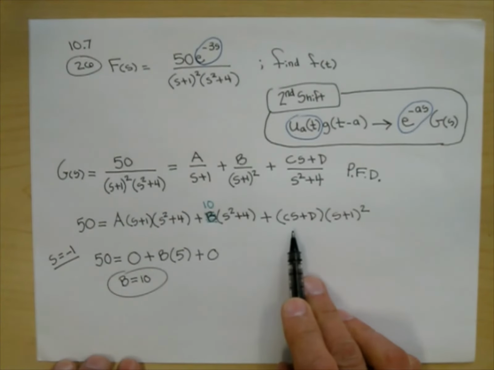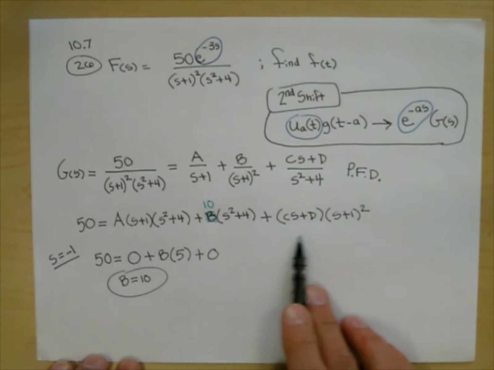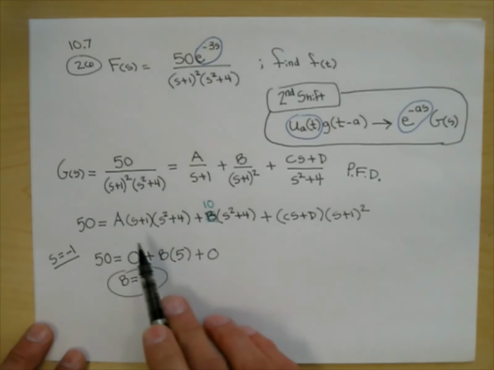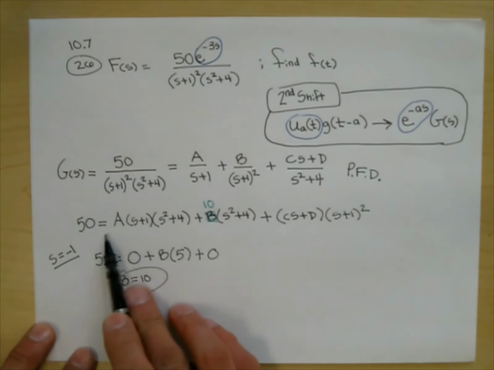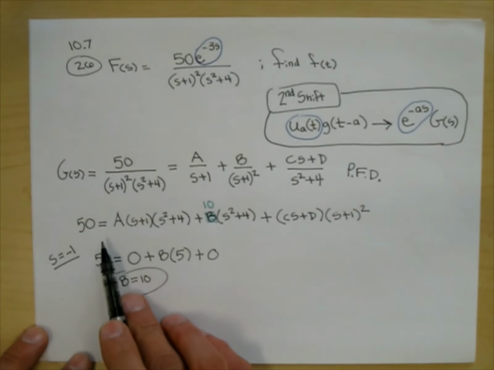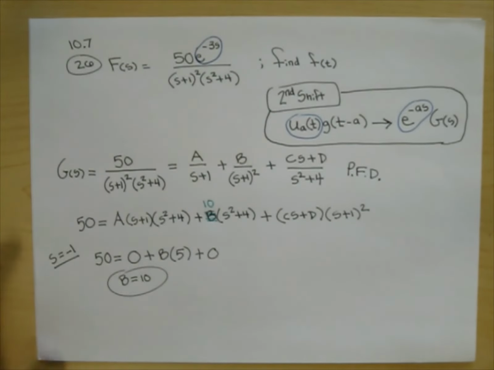Now, we could try chipping away a little more, maybe letting s equal 0, but it's really not going to help anymore. So this is the case where I'm going to multiply this all out and use the second method for partial fraction decomposition, where I set coefficients equal to coefficients. So that's what I'm going to do.